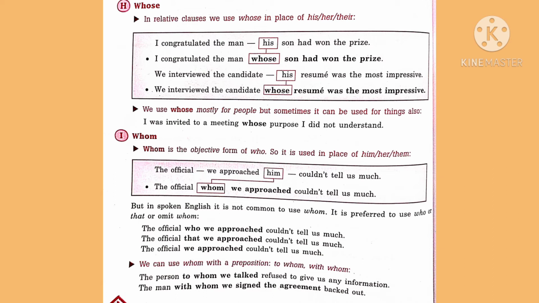So we interviewed the candidate whose resume was the most impressive. और whom कब यूज़ करते हैं बच्चे? Whom is used in place of him, her and them. Say for example, the official we approached couldn't tell us much. The official whom we approached couldn't tell us much.